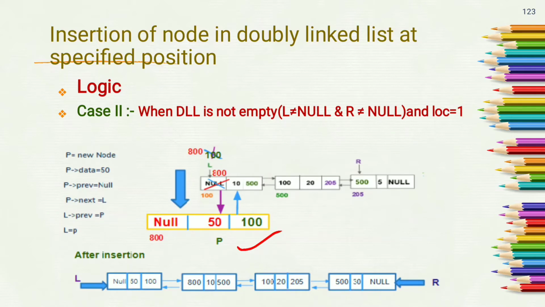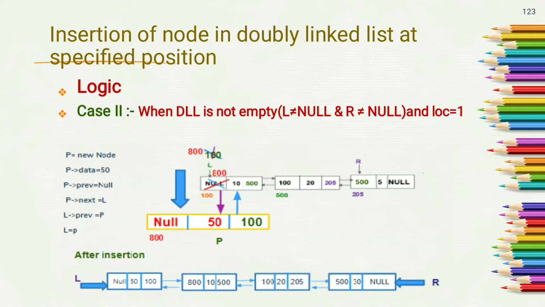We get this address from L, as L stores the address of the first node. So we write P arrow next equals L. That means now this new node points to the node having address 100.